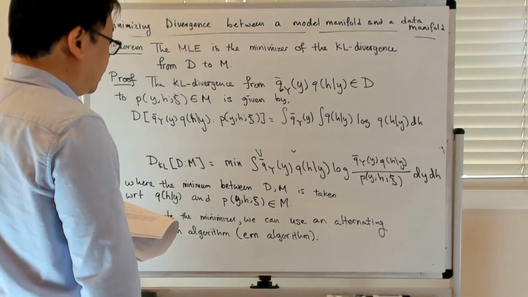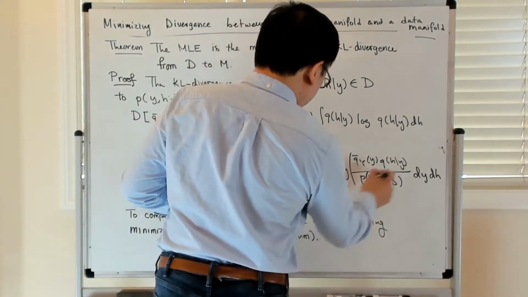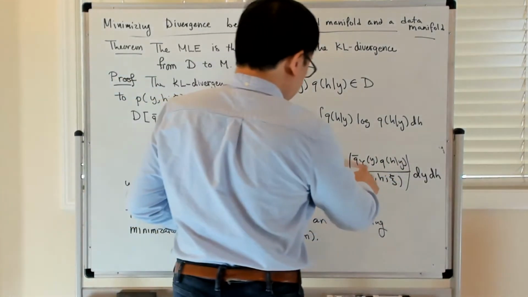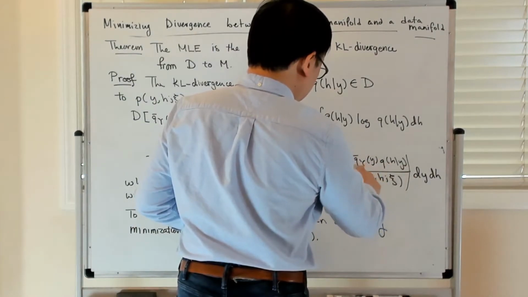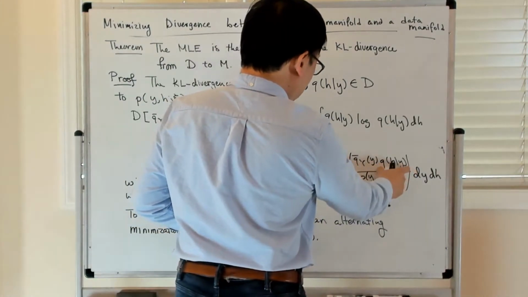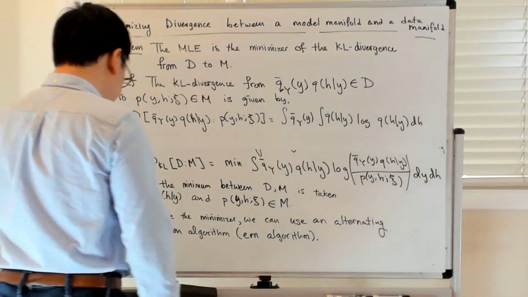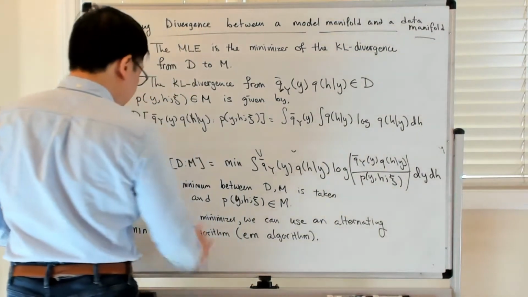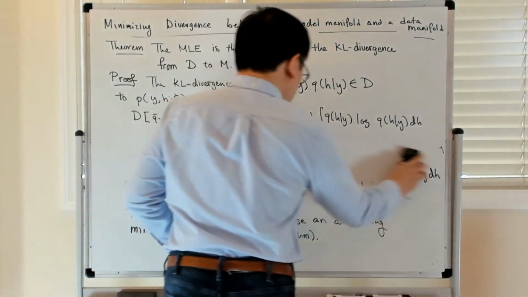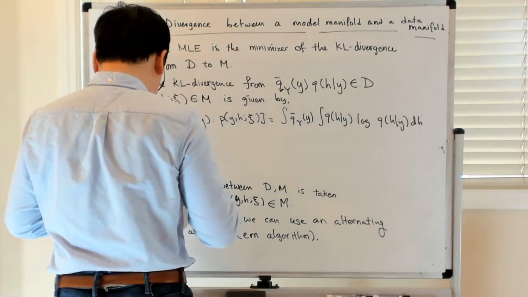So what I'm doing is just using the fact that I'm taking the log of these products, so this times this divided by this. So I can write down this log as log of this piece plus log of this piece minus log of this piece. So I'm just really expanding this term here, okay? All right, so that's one of the pieces, the log of just one of them, okay?